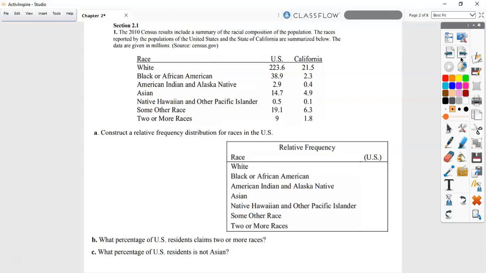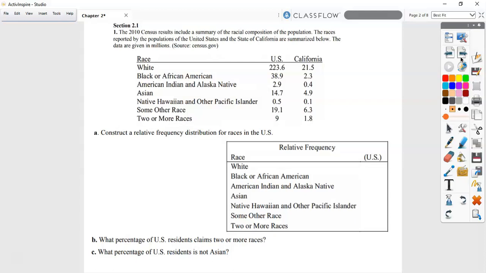So in this example, the 2010 census results include a summary of the racial composition of the population. The races reported by the populations of the United States and the state of California are summarized in this data, and this data are given in millions. So as you can see, white is in the US 223.6 million, and in the state of California we got 21.5 million.